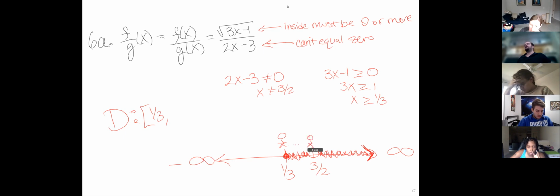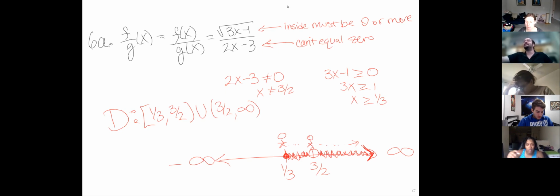Yeah, 3 over 2. Is that a curve or a square bracket? It would be a curve. Okay. Union. Uh-huh. Then the other one is still 3 over 2 comma infinity. Yep. There you go. Okay.